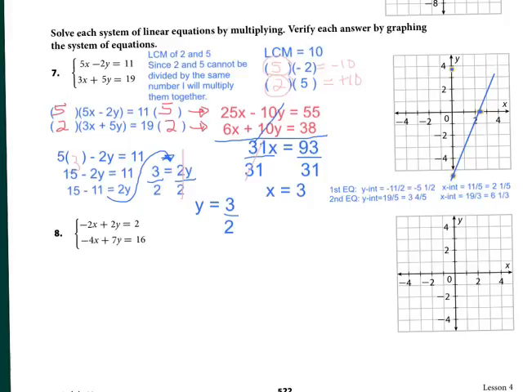So 19 divided by 3, and 3 goes into 19 6 times. So that's this whole number, because 6 times 3 is 18. Now, since I have 19 and 18, there would be 1 left over, which is the 1 here. And the denominator is a 3, so over 3.